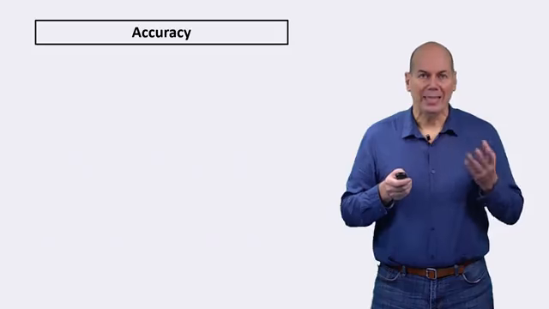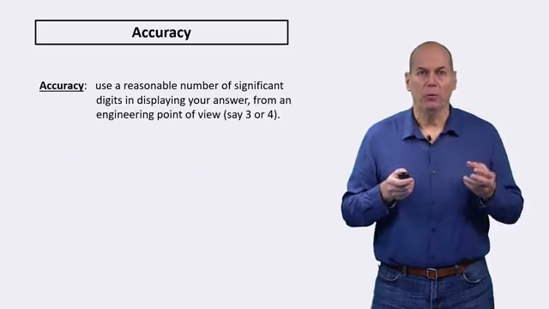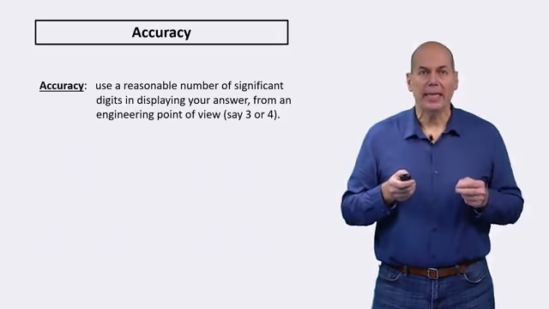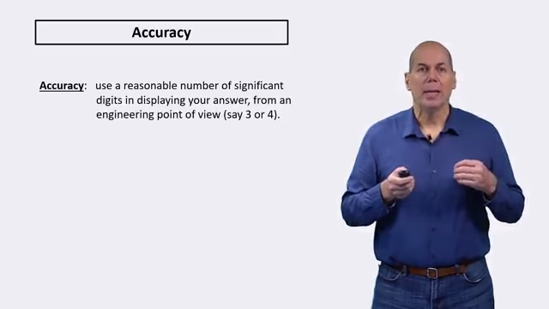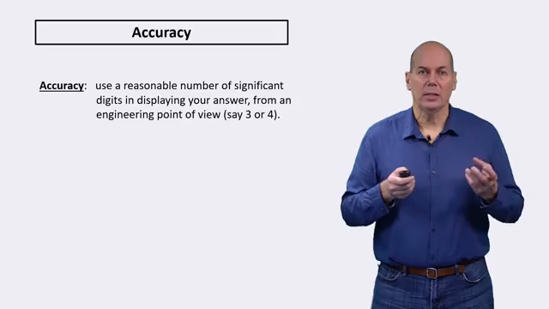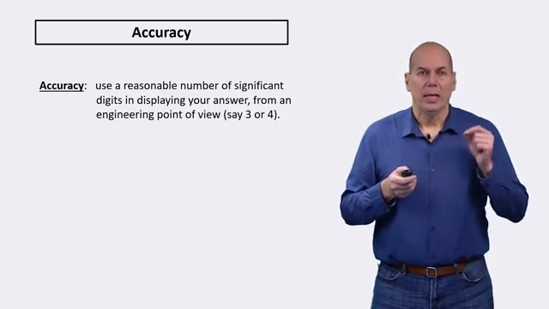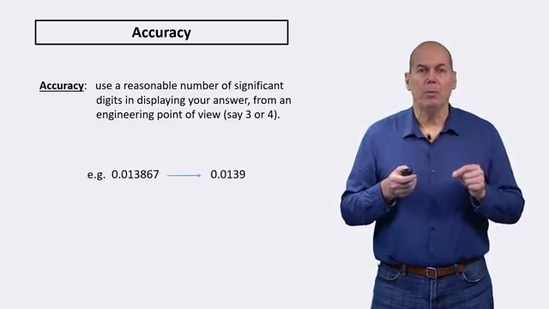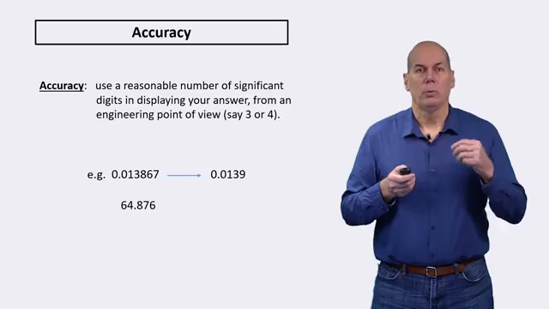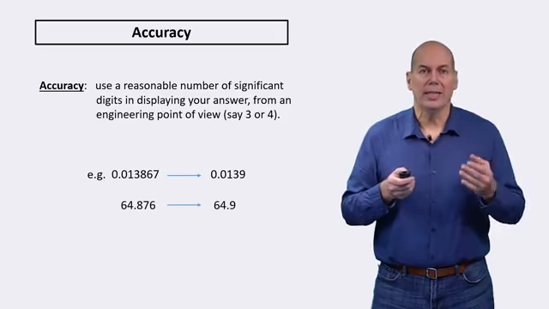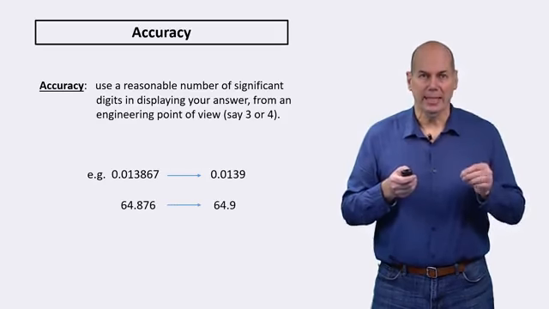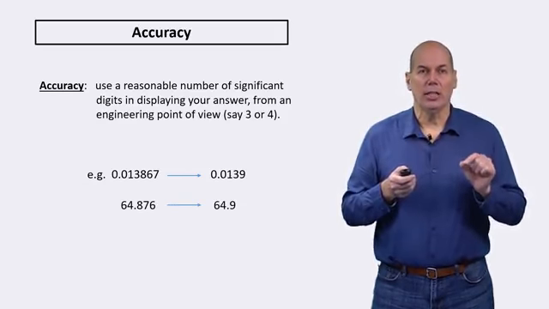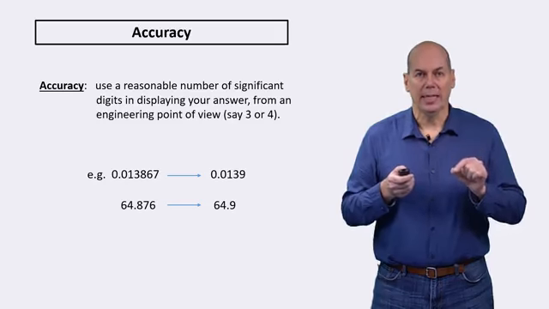In our answers, in our problem solving of problems of mechanics, it is important to keep an accuracy which is consistent with our engineering aspirations. In engineering problems, we want to present an answer usually using 3 or 4 significant digits. A significant digit is the first non-zero digit we encounter in the result.